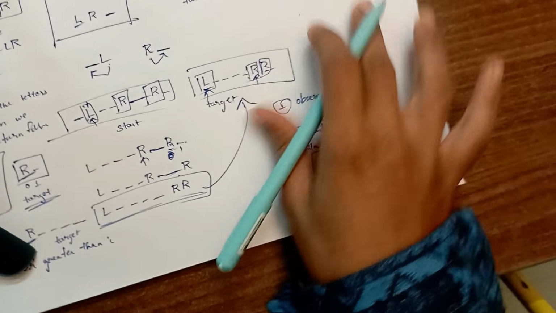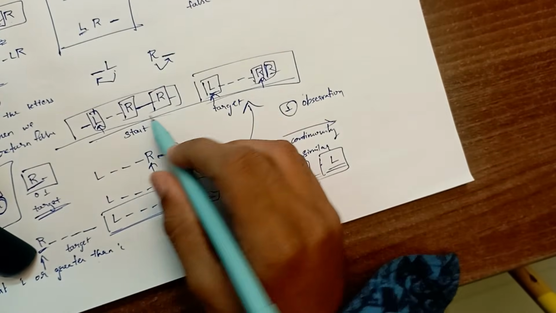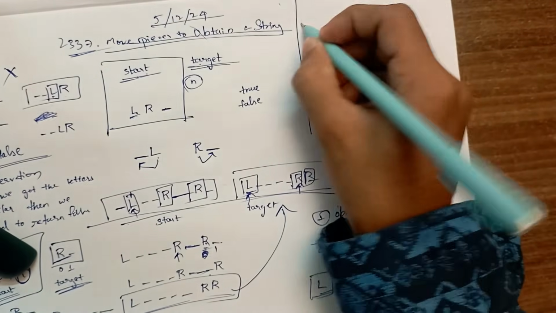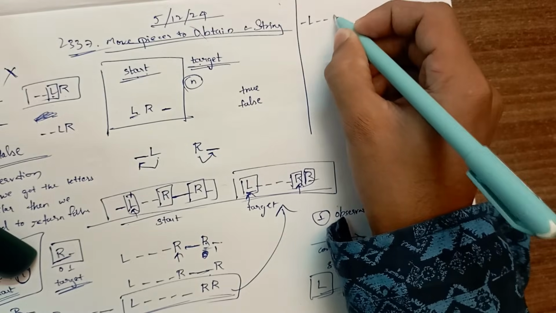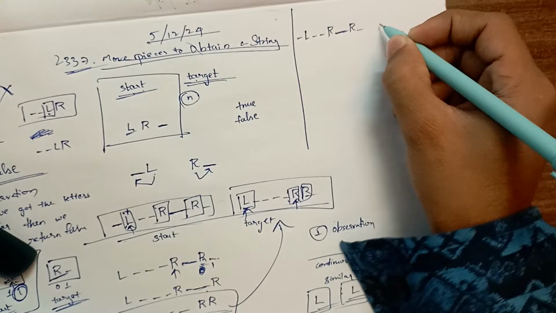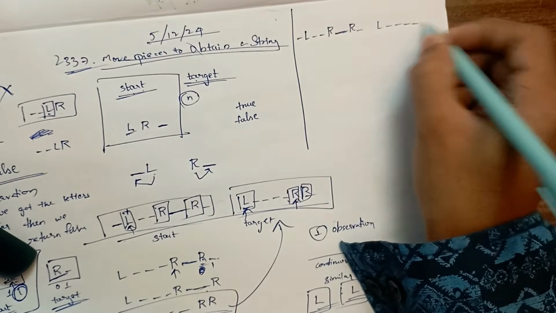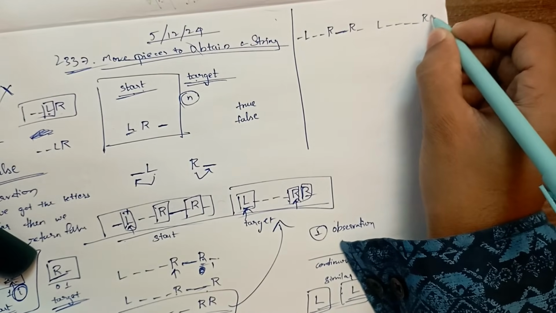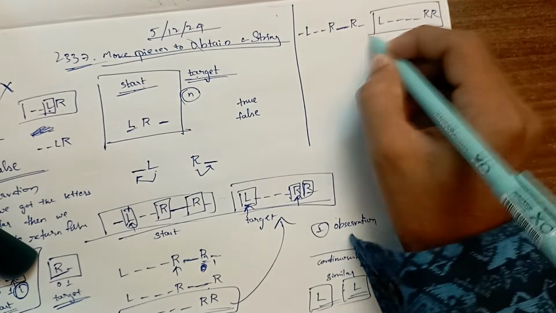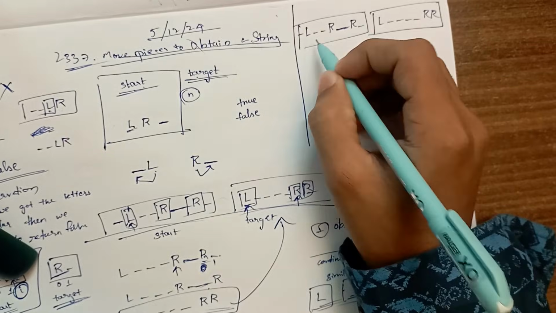Now, I will write once again underscore L underscore R underscore. This is the target, this is the start.